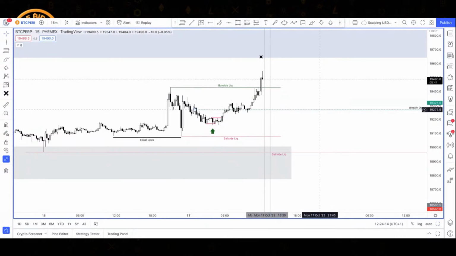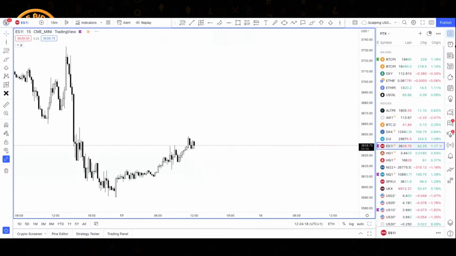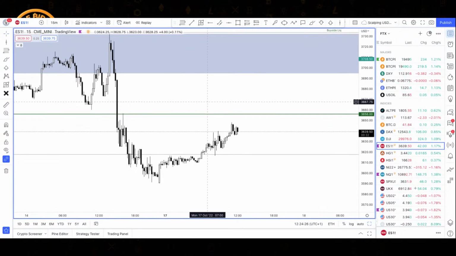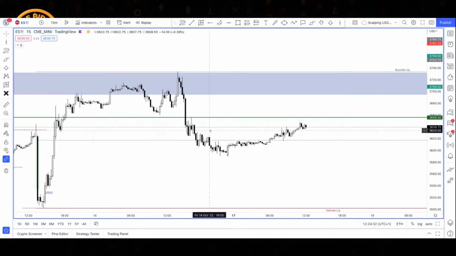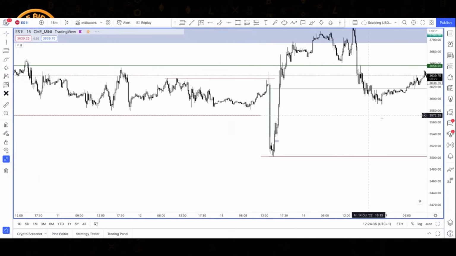All right. So let's take a very quick look at ES, and I'm going to show you a couple of things on here as well that we're looking for just to cement the fair value gap process before we start closing things up for Monday's session. So here we are, and let's look at a prior move. So where were we here?